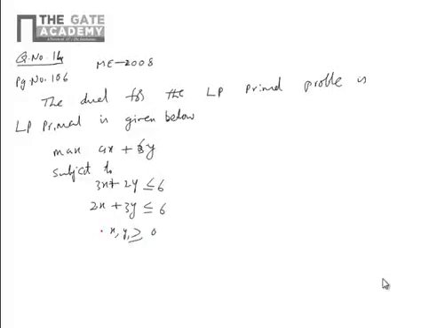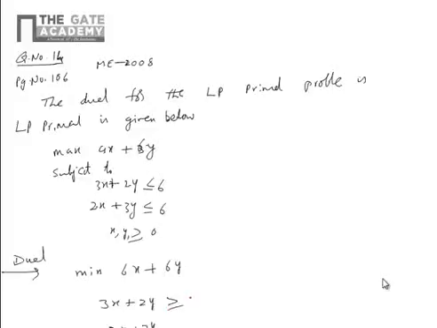This is the primal. To convert this to the dual, maximization will convert into minimization. The constants will become the coefficients of the objective function, 6x plus 6y, and the matrix of the constraints will be transposed. So 3x plus 2y, 2x plus 3y, they are symmetrical, so A transpose equals A. The less than becomes greater than.